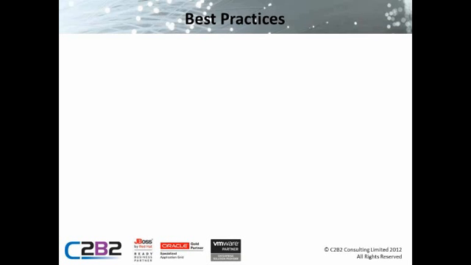So let's get into some best practices. Now, I've tried to arrange these and group these together in such a way that they make sense and the same things are grouped together a little bit. So let's start with the first one, message routing.